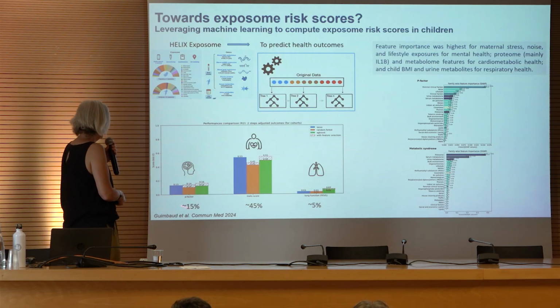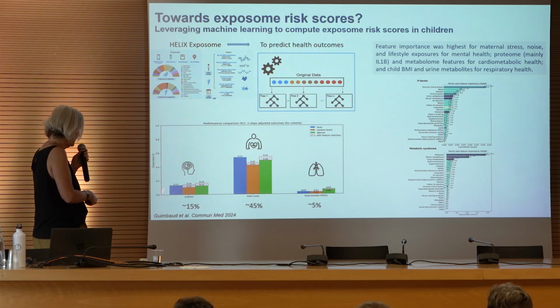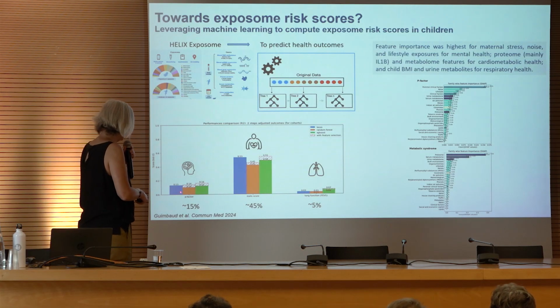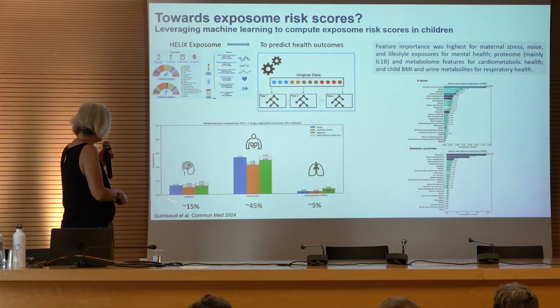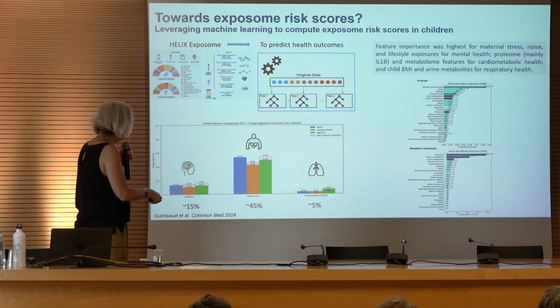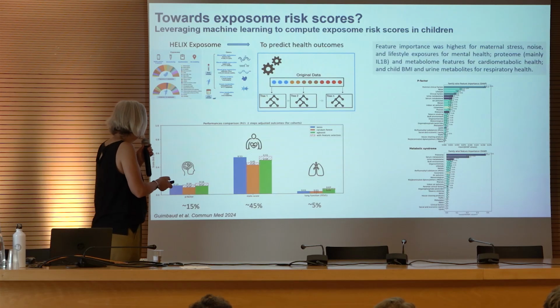And we did that for the P factor, which is a combination of behavioral problems, a risk score for behavioral problems in the children. We had the metabolic risk score and lung function as a marker of lung health, obviously.